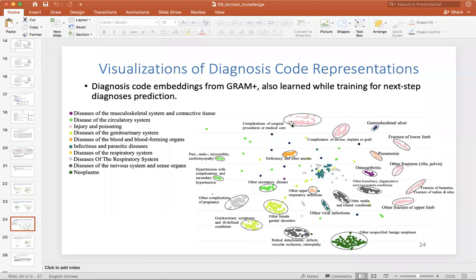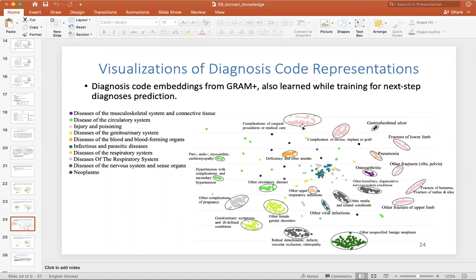All the pink codes are injury and poisoning. If you look at this cluster, all the diagnosis codes are related to fracture of lower limb, and all the diagnosis codes here are related to fracture of upper limb. These labels are the intermediate categories.